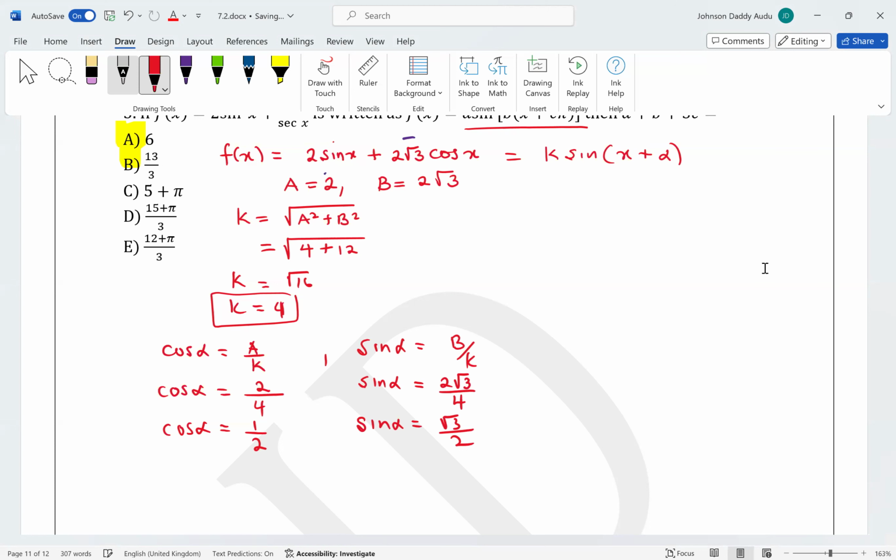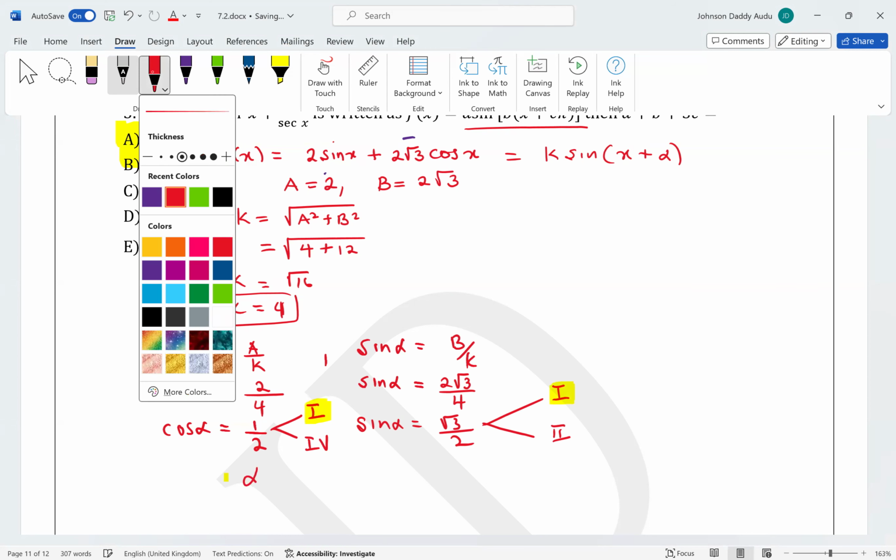Now, we know how to find this alpha. Sine is positive in which quadrants? It's positive in quadrant number 1 as well as quadrant number 2. Cosine is positive in quadrant 1 and quadrant number 4. So the common quadrant is quadrant number 1. And we need to get alpha star, right?